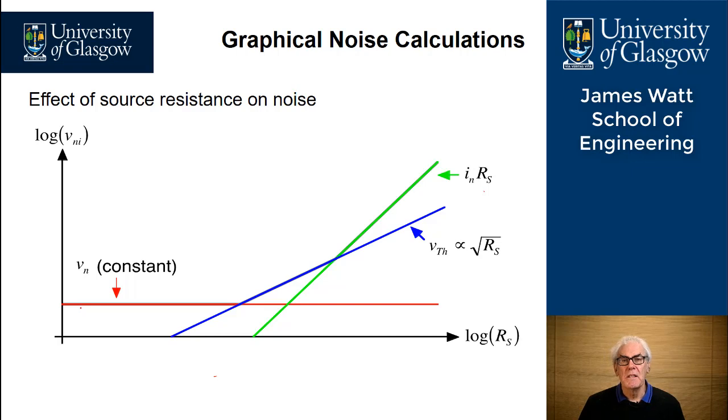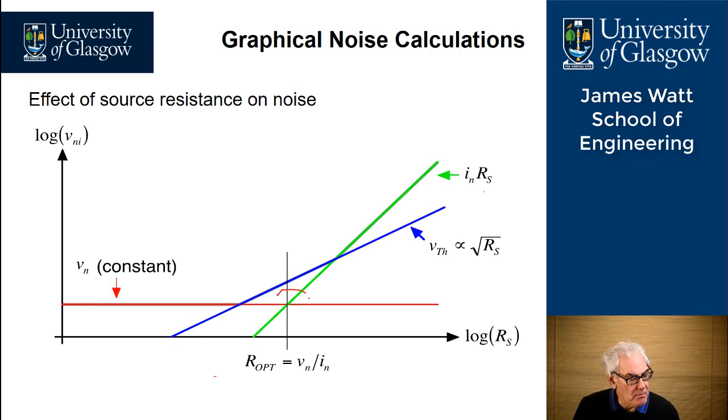So looking at these three different curves for a given amplifier, we can now surmise where the best position is and what the best source impedance choice would be for this given amplifier.